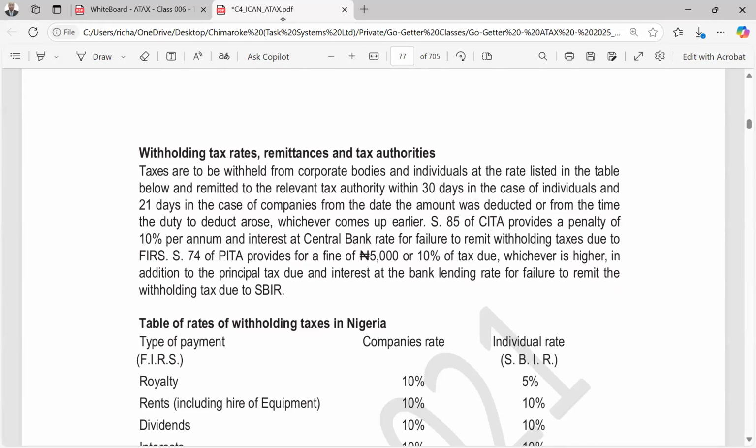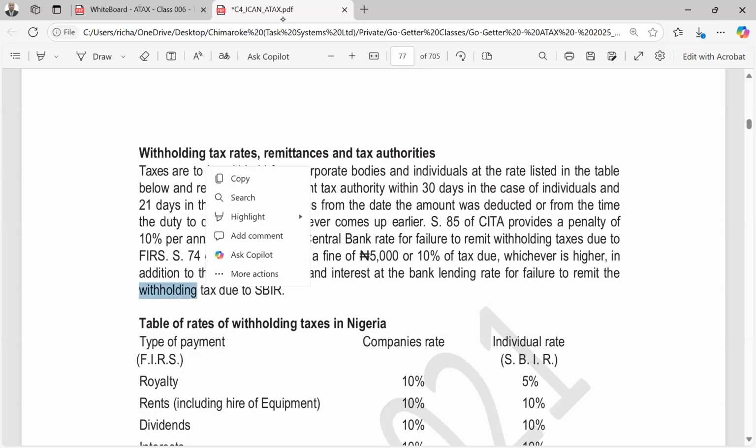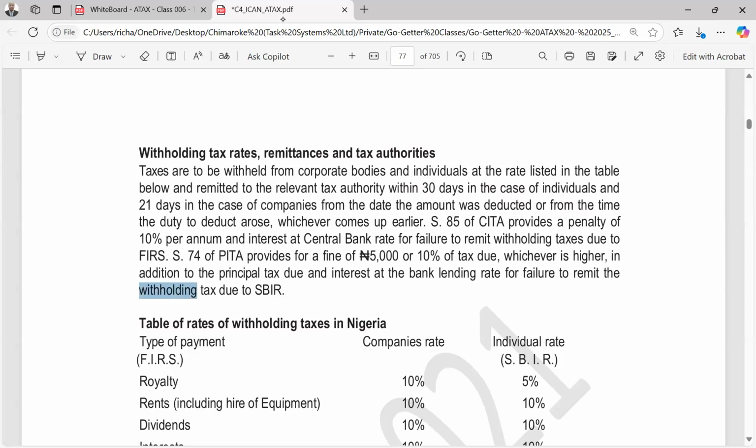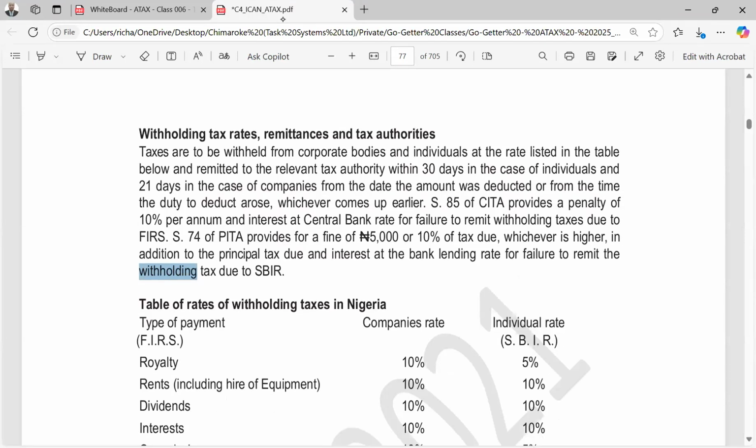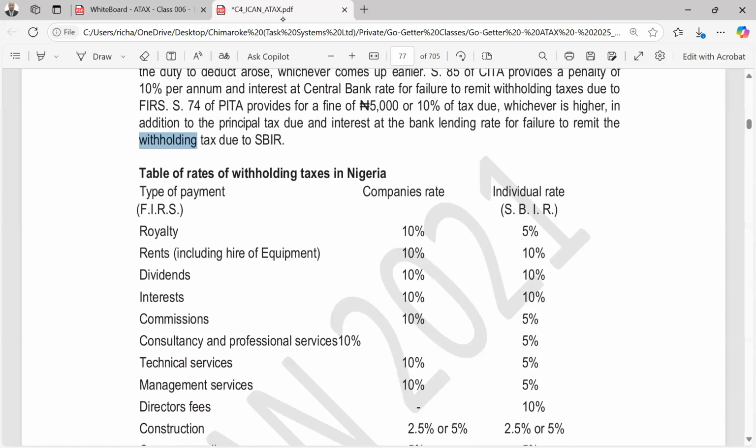Now, the law provides a fine of 5,000 naira or 10% of the tax due, whichever is higher.